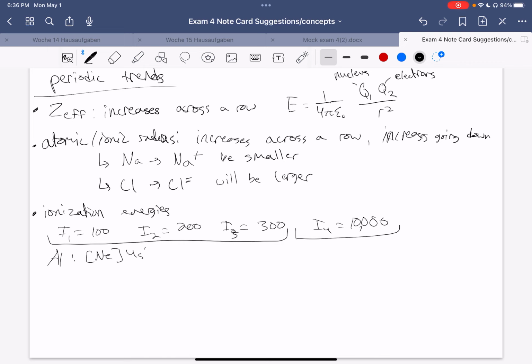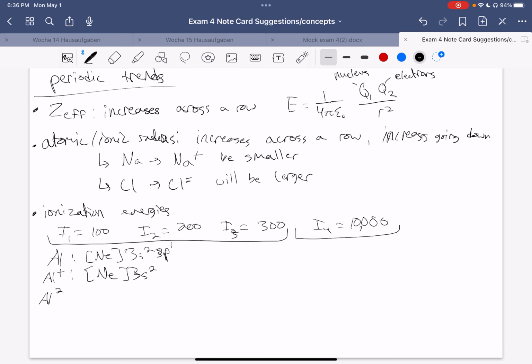And then Al+ is going to be Ne 3s2, and that's it, because we took away that one from the p orbital.